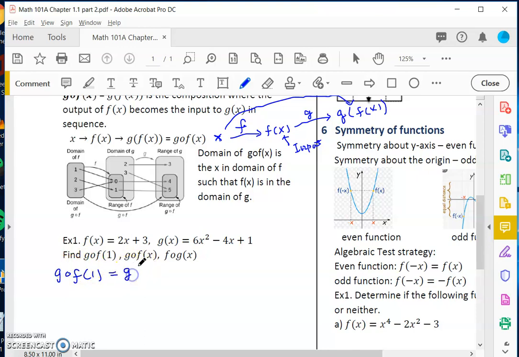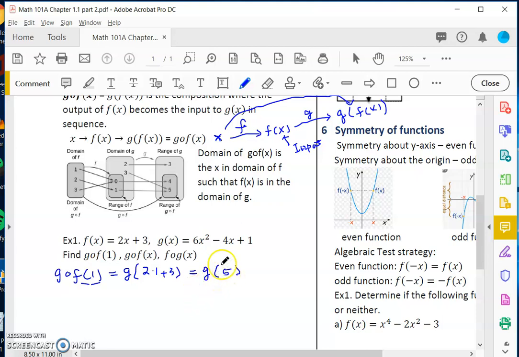So I would have g waiting outside and I just do f of 1. So f of 1 is what? That means I plug in 1 here, so it would be 2 times 1 plus 3. And g I haven't done, so I just keep on writing g, and I would say 2 times 1 is 2, 2 plus 3 is 5. So that's the intermediate answer for f of 1.